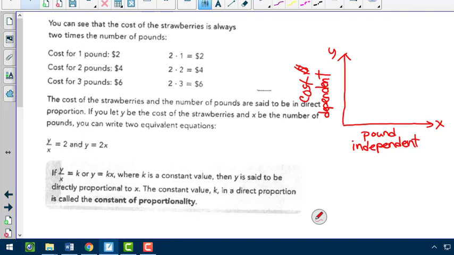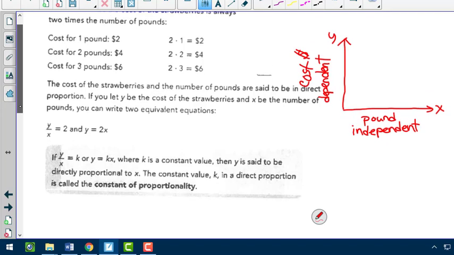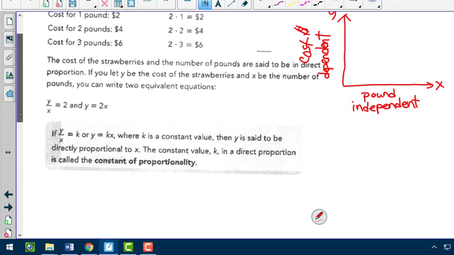So you can write an equation to show this, that y divided by x always equals 2. Yes, $4 divided by 2 pounds is 2. $6 divided by 3 pounds is 2, right? We saw that in the table on the prior page. $2 divided by 1 pound gives us 2.